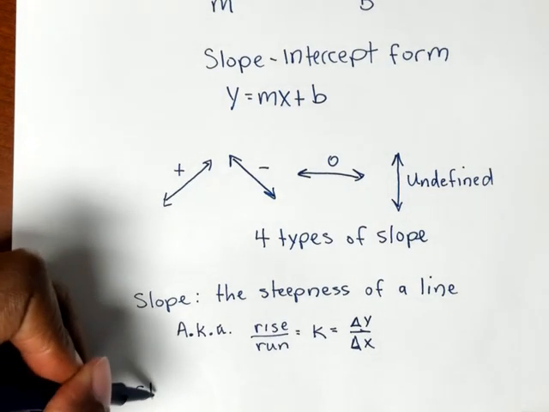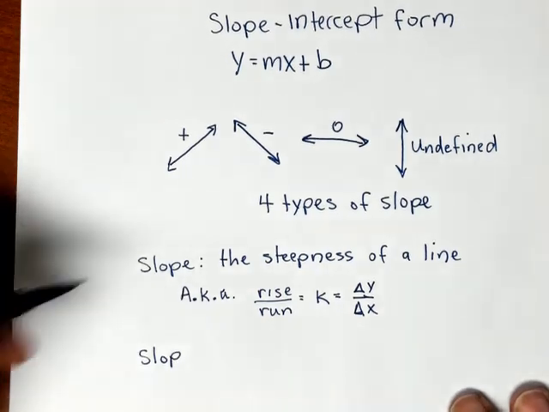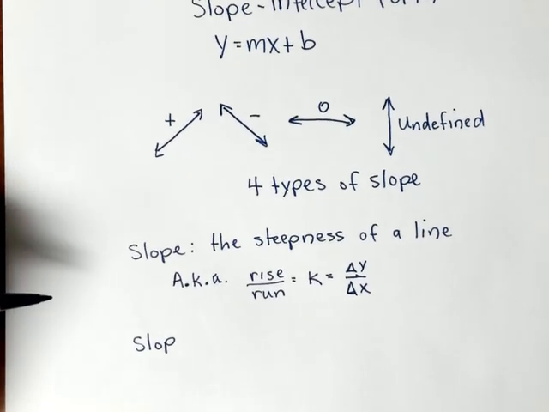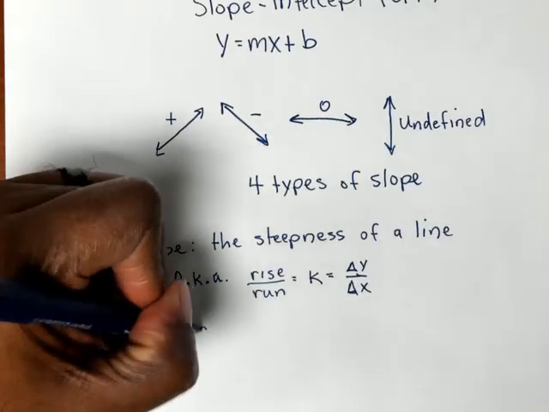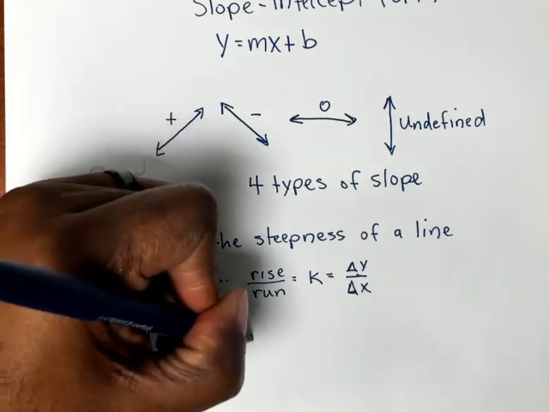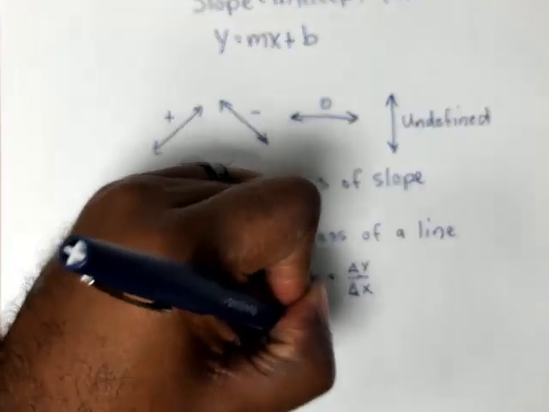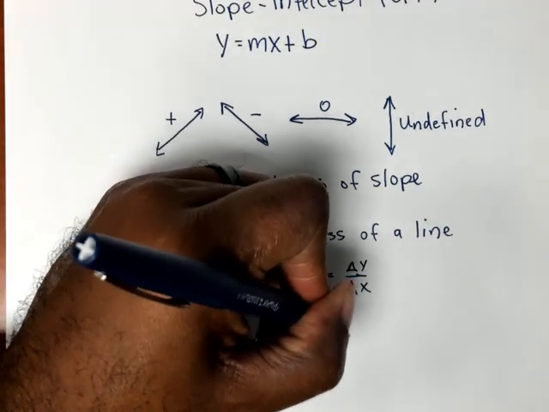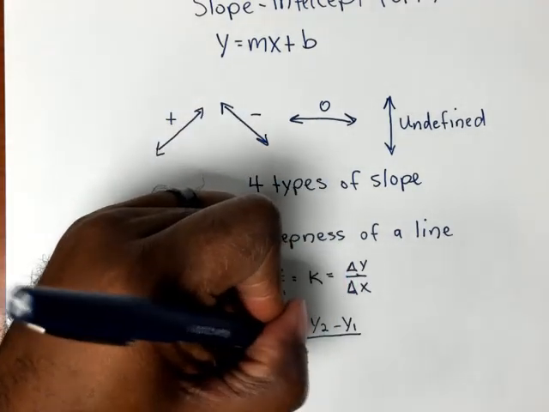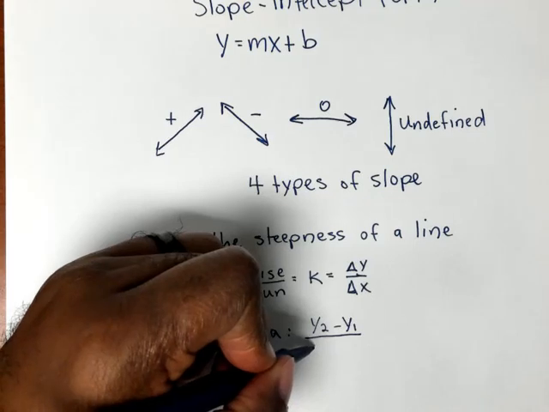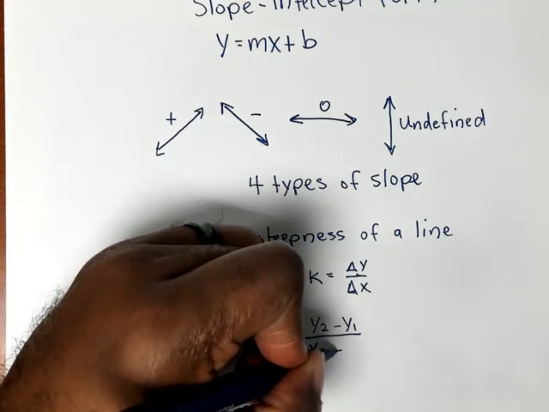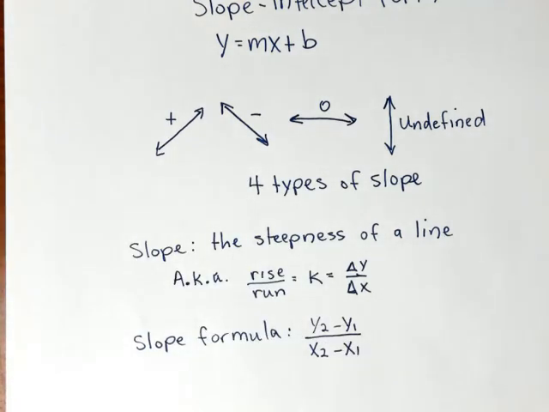Then there's a formula for this. The slope formula is y2 minus y1, which is the change in y, over x2 minus x1, which is the change in x.